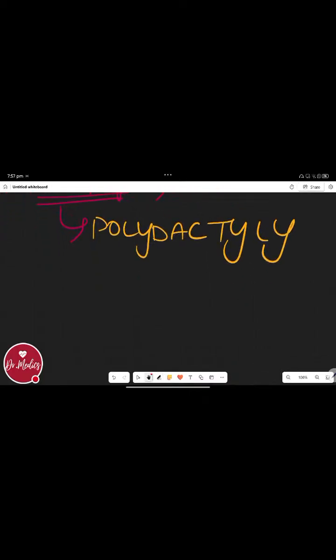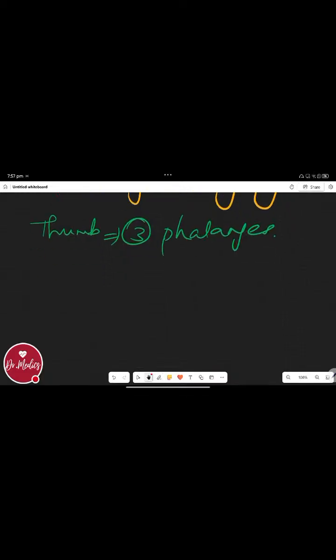Why is this happening? When the thumb possesses 3 phalanges, the first metacarpal has 2 epiphyses, one at each end.